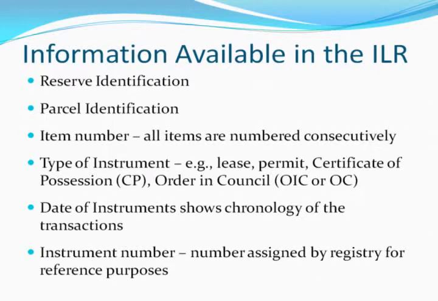The dates that instruments are shown, the chronology of the transactions, and they go by the actual instrument date. So if it says right in the front of the document, usually pretty well close to the top, it'll give the day, the month, the year. Some documents, more newer documents, actually do it on the signature line.